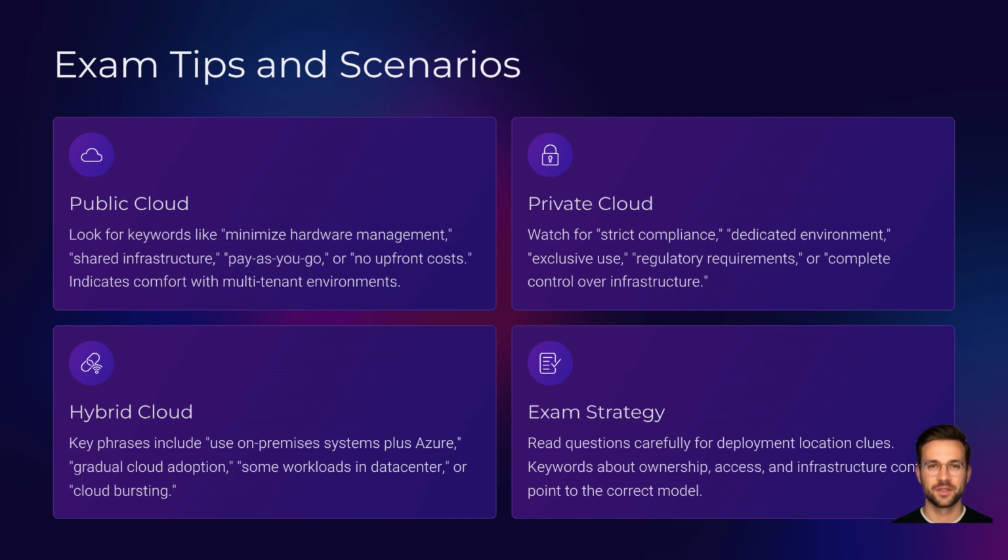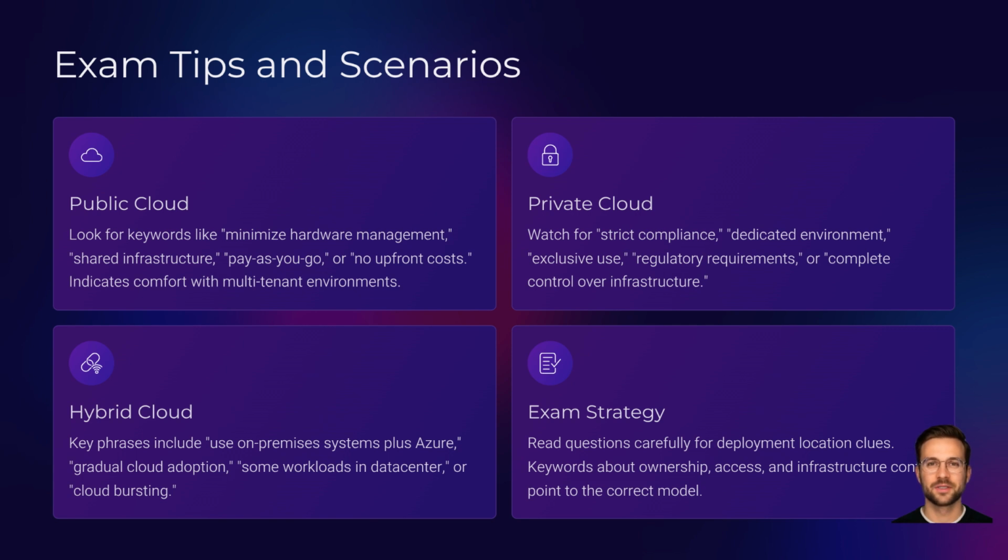This describes private cloud. A financial company wants to keep its core banking system on premises, but use Azure for customer-facing web applications and for handling peak traffic. This describes hybrid cloud. If you practice matching scenarios like these with the correct deployment model, you will be well prepared for this part of the AZ-900 exam.